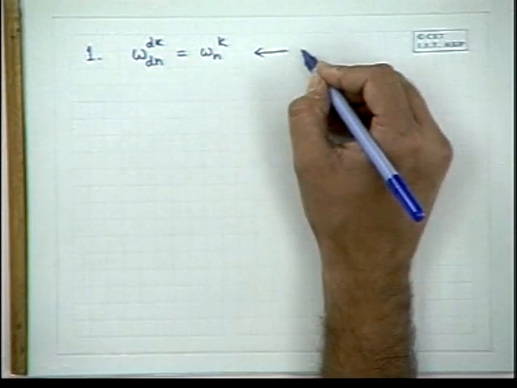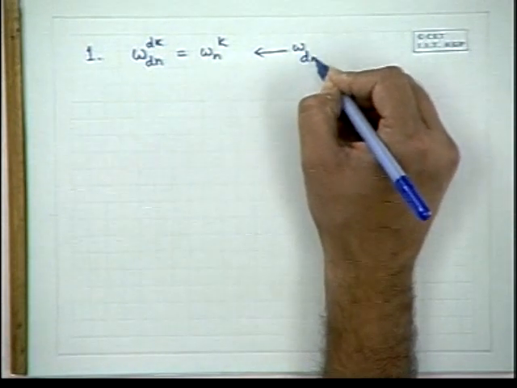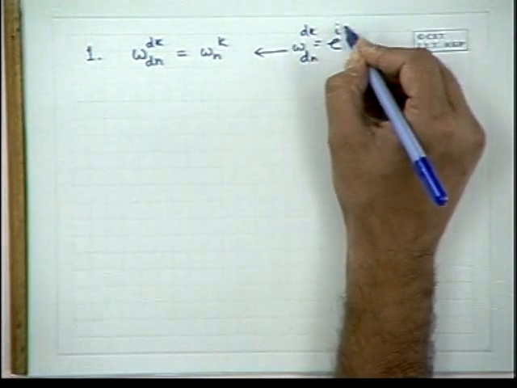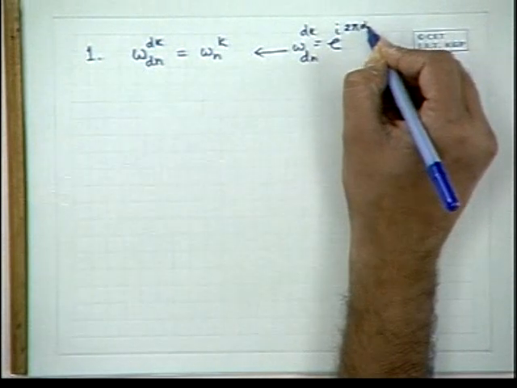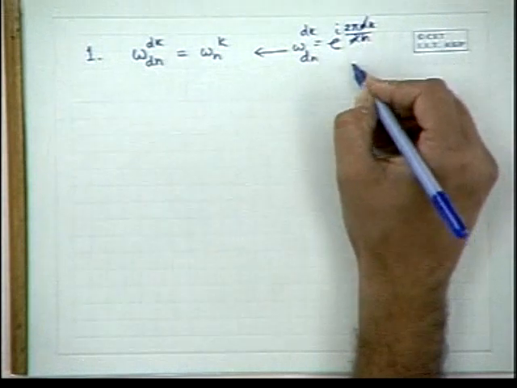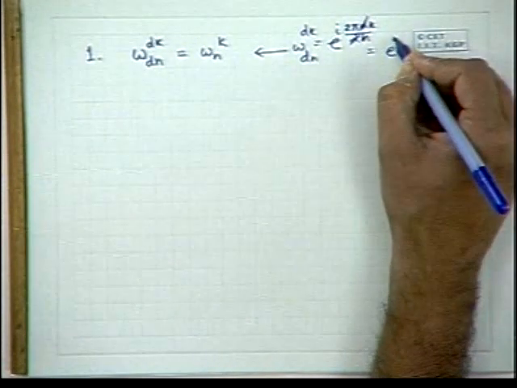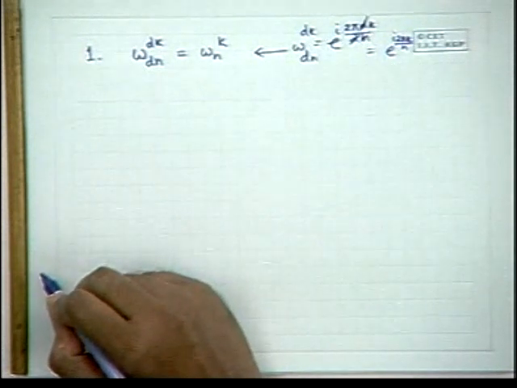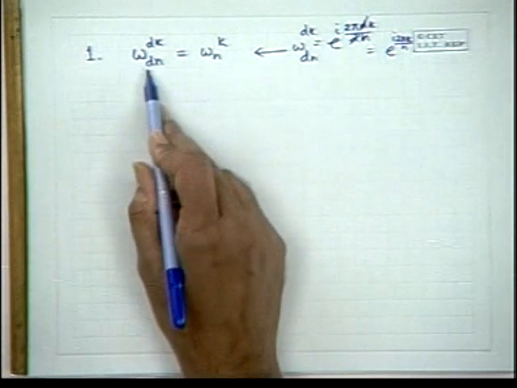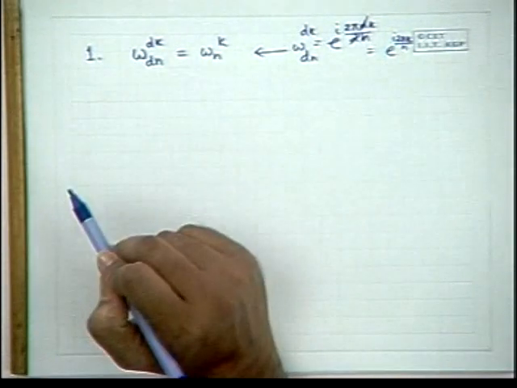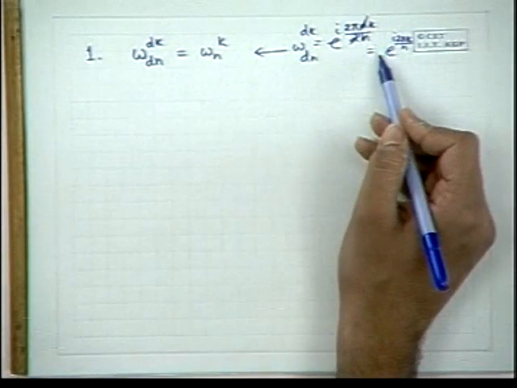How would you write W dn dk? By our notation, e to the power i 2 pi dk over dn. Then d and d cancel out. This is exactly e to the power i 2 pi k over n. So that's why W dk by dn is nothing but Wkn. It's a very straightforward manipulation here.